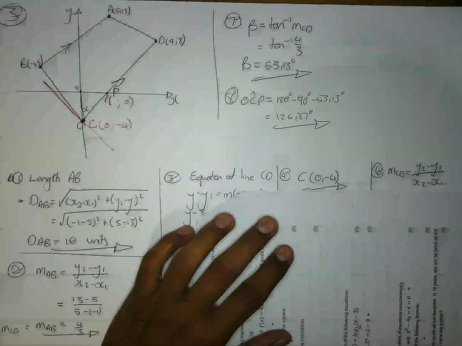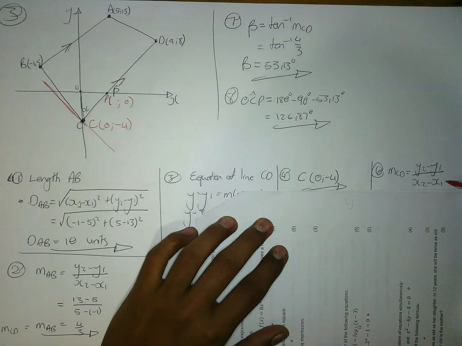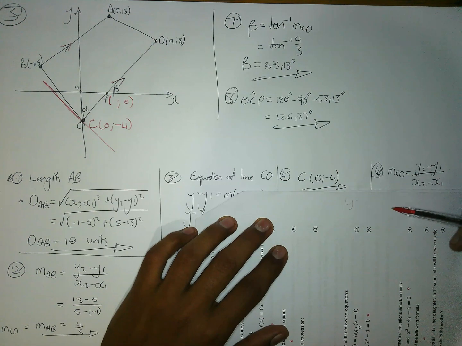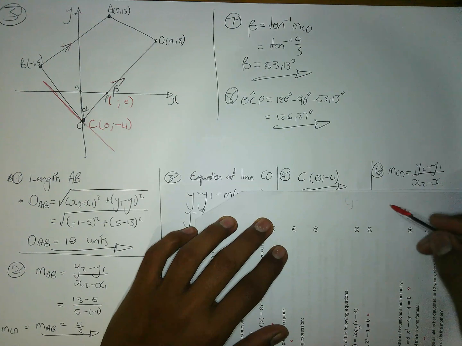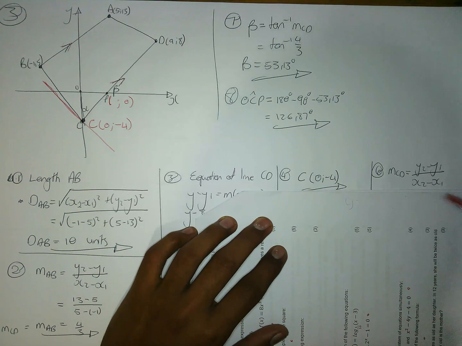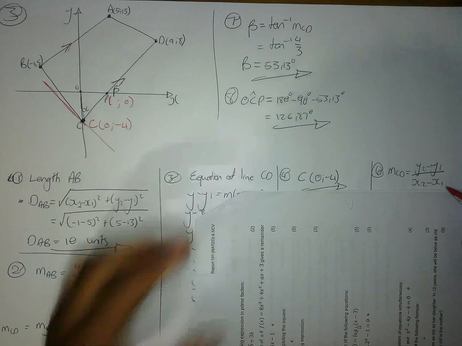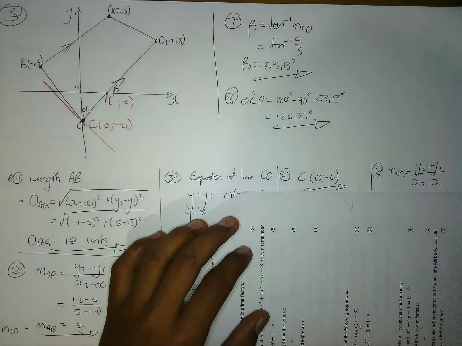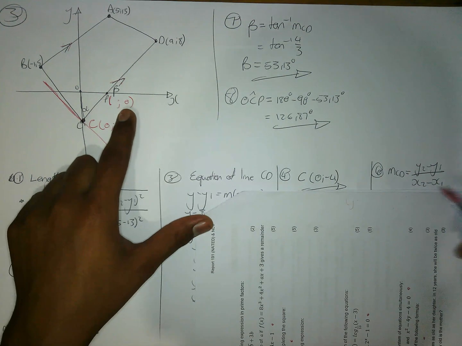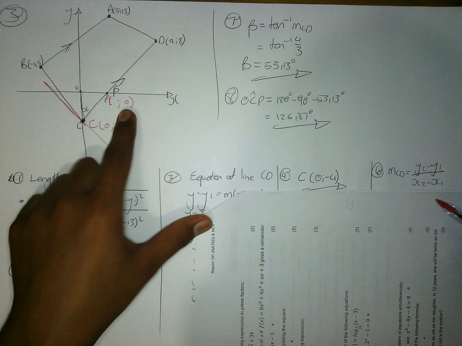I write it down, and then I substitute in my values. I put in my gradient value, which was, I think, 4/3. So 4/3 equals, I don't know which one is my y2, yeah, 0. Okay, so I put my 0 as my y2. My y1 is 8.